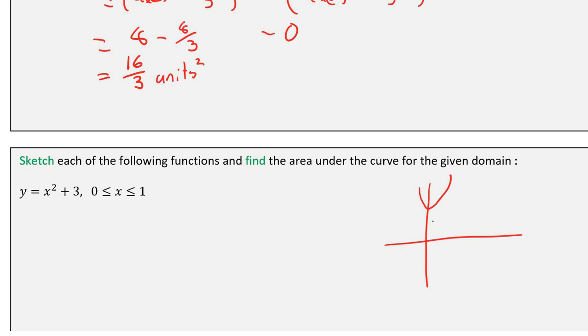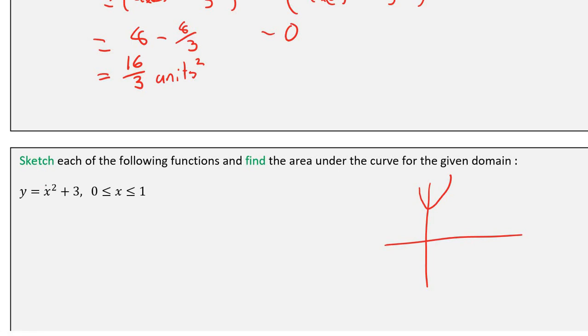What does x squared look like? And any function, if it just has a plus or a minus at the end of it, it just gets shifted up or down. That's all the plus or minus at the end does. You'd have to replace the x with a bracket, like x plus something, and that would shift it left and right a bit.